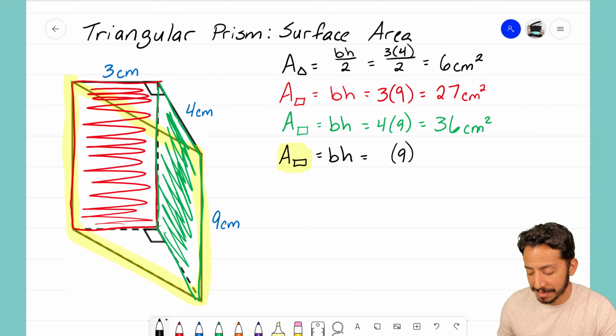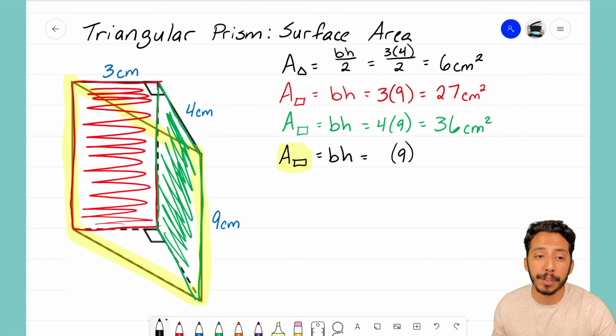But notice that I don't know what this base side here is, right? Even on the bottom, I don't know what that is. Now, I do recognize that that side right there is the hypotenuse of this right triangle, and that's a right triangle where I know the values of the other two legs. I know that one of the legs here is 3 centimeters, the other is 4 centimeters, but I don't know the hypotenuse.